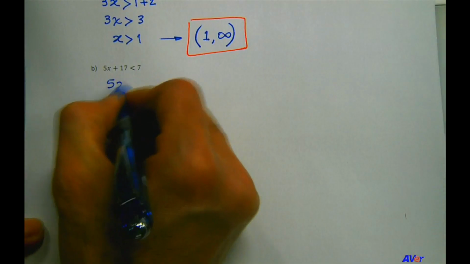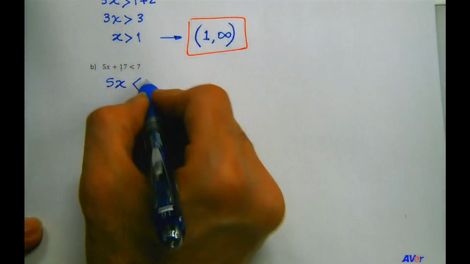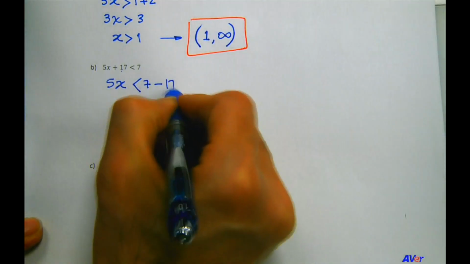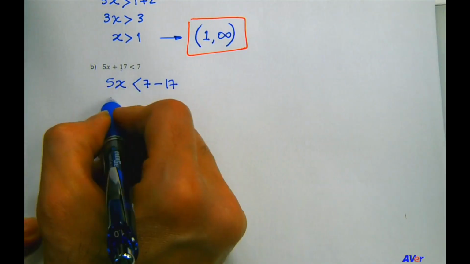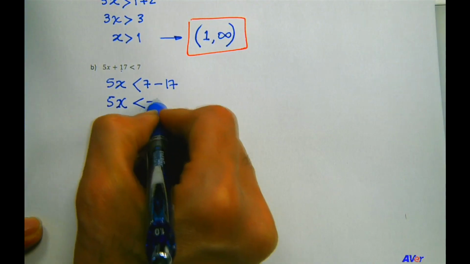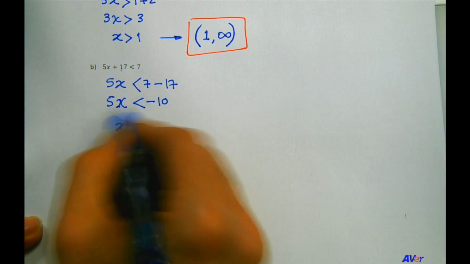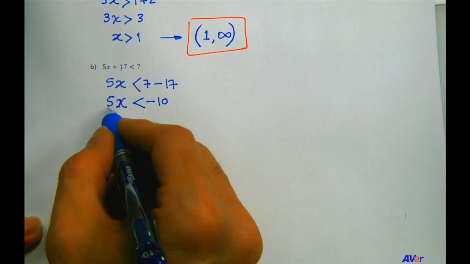So we will isolate the x term on one side by moving the 17 to the other. So 7 minus 17, we have 5x less than minus 10. And then for x, we divide both sides by positive 5, right?